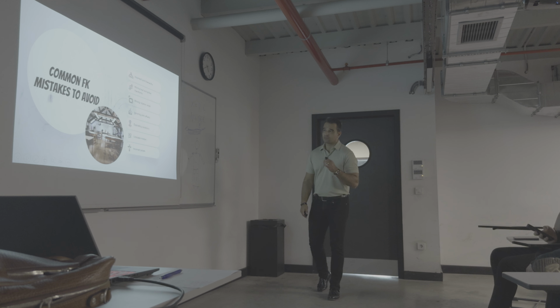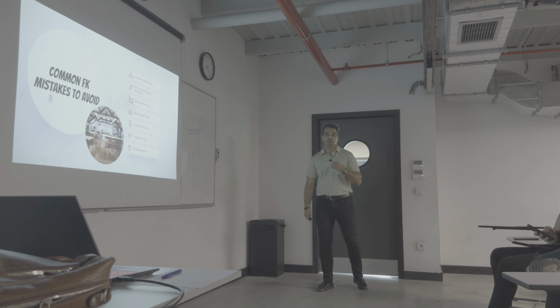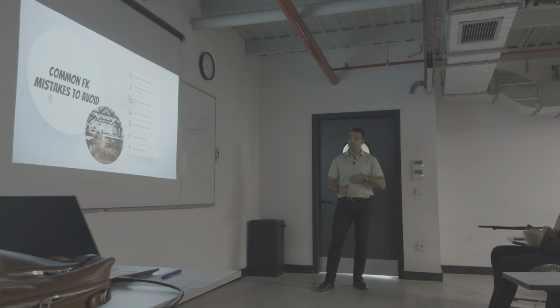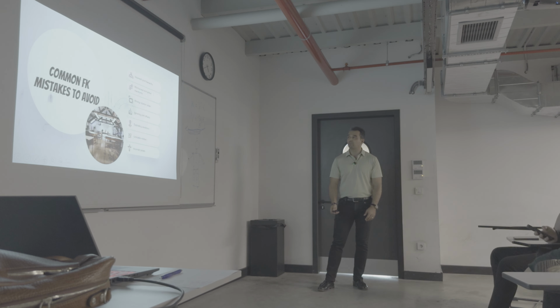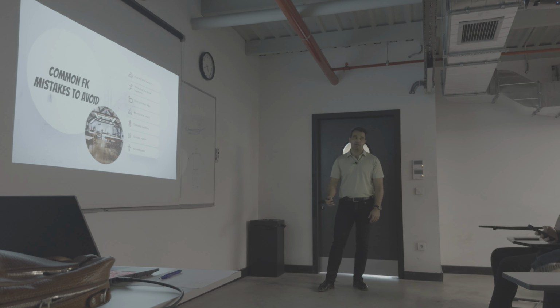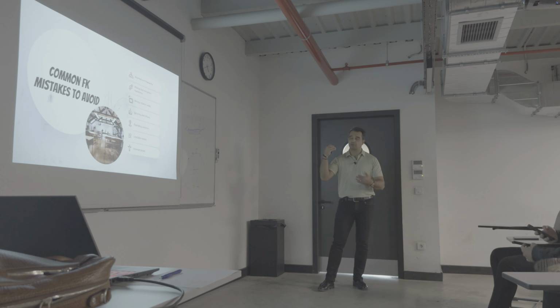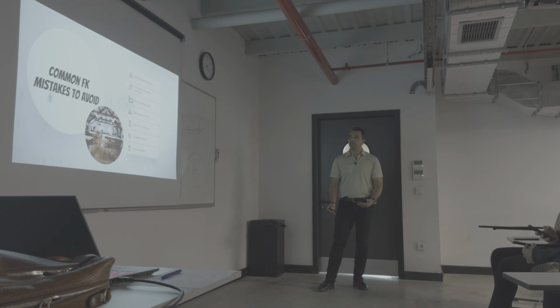Forward kinematics mistakes that we face and should avoid: incorrect joint hierarchy. While I am moving my hand, which joints will be calculated? We have to know those. Then the local and global transforms that I mentioned, the wrong rotation order.